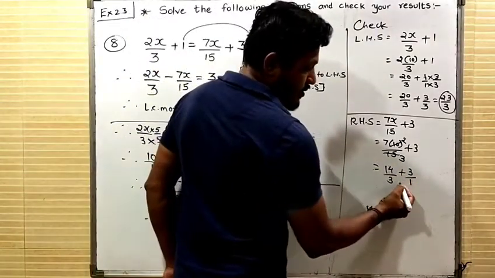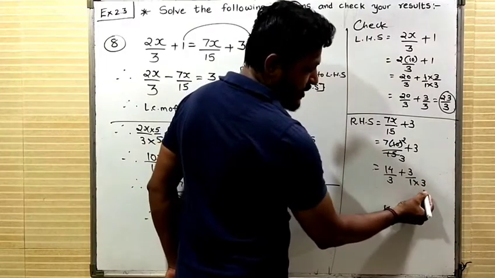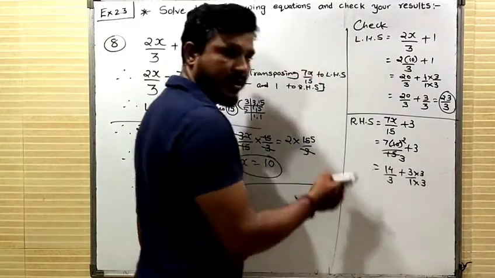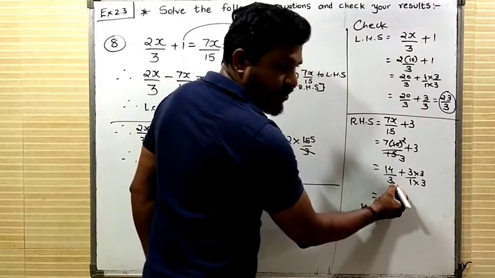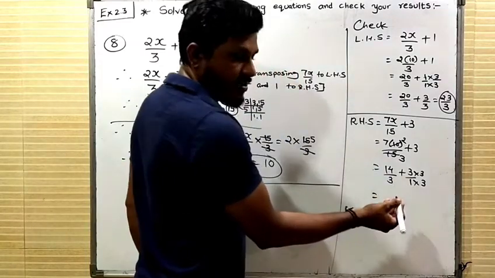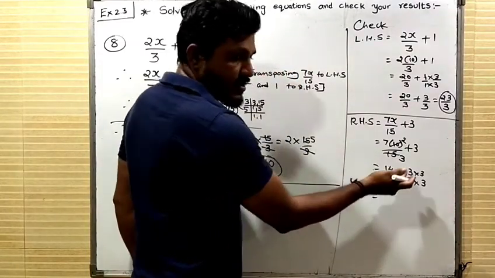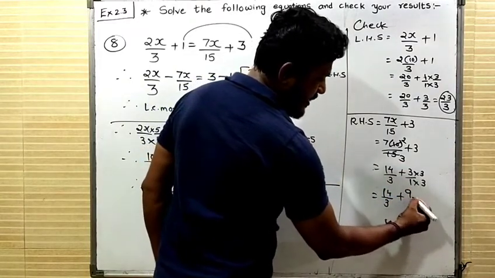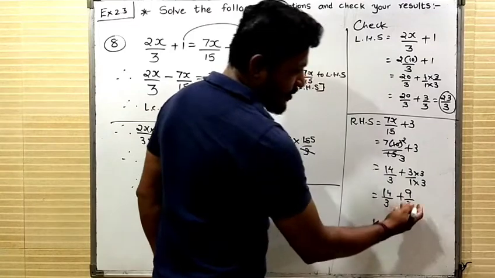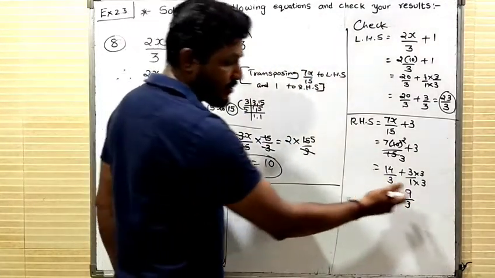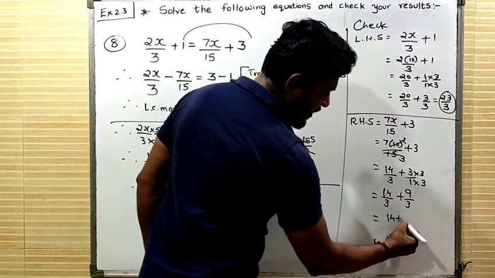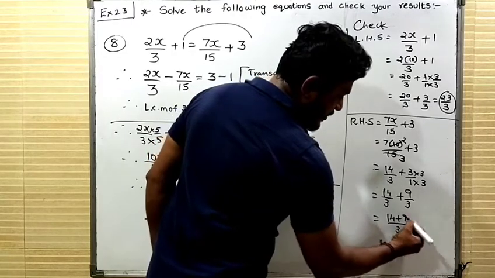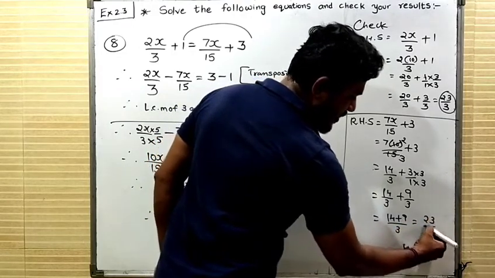The 1 should be multiplied by 3 to get 3 over here, same value you have to take in numerator also. Here no need to multiply by 1 because 3 ones are 3 only. So 14 by 3 write down as it is, 3 3s are 9 and 3 ones are 3. Now you can easily add because the denominators are equal, that is 14 plus 9 by 3, that is 23 by 3.